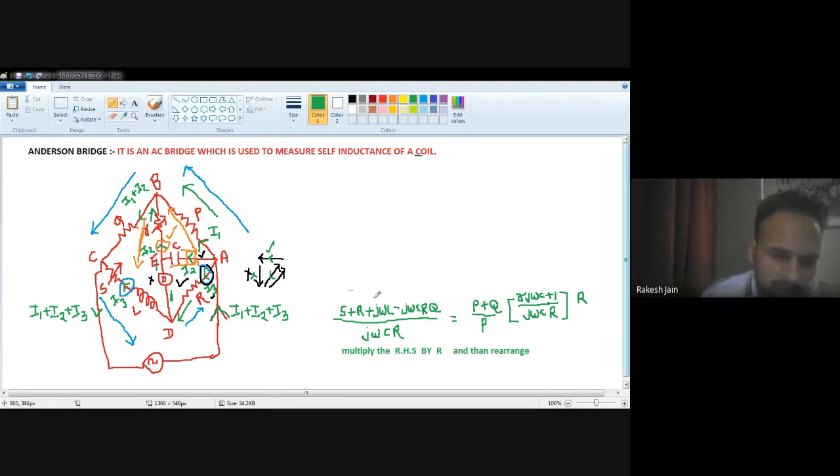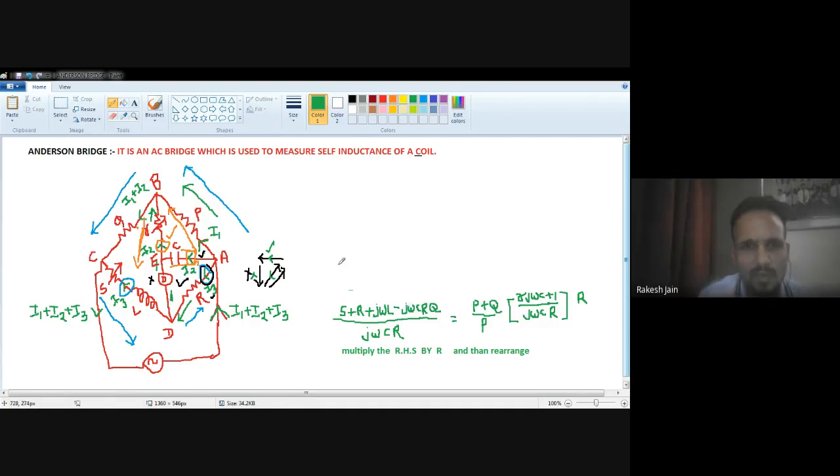And now I rearrange these things. So this P multiplied by capital R and Q also multiplied by capital R. Then R jωC multiplied by P R, then with QR also, and I will find out the answer of that.